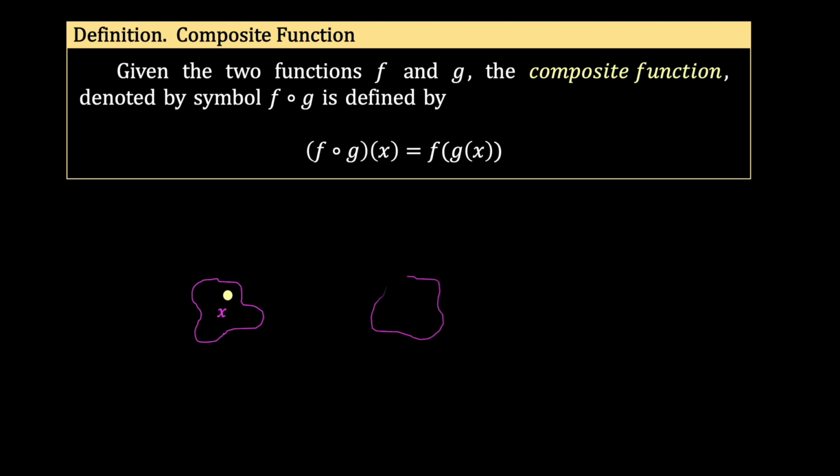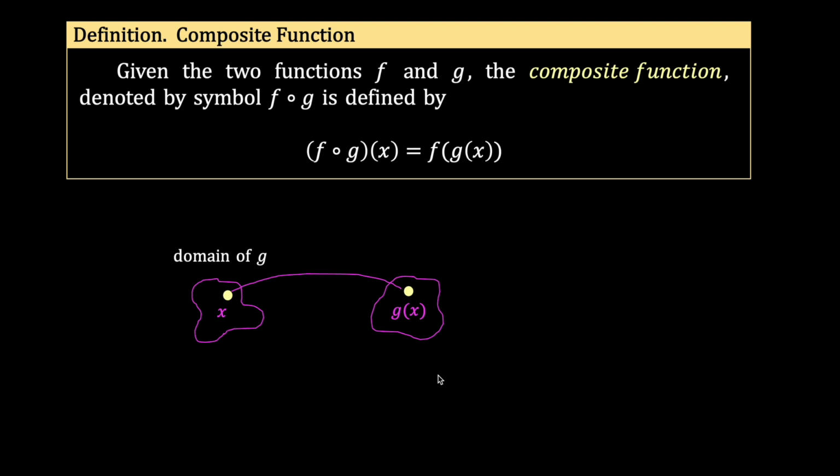And now let us put another closed curve or closed region on this position. Now the job of this element is to travel to this location, and once it arrives in this position, this will turn into g of x. And take note and bear in mind that this region is what you call the domain of g.